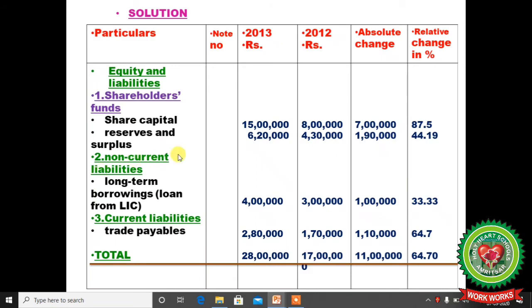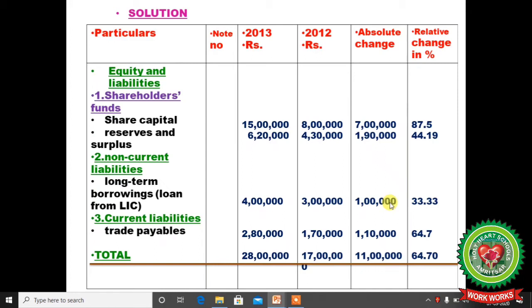Now reserves and surpluses: 2013 is 6 lakh 20,000 and previous is 4 lakh 30,000. The difference between both is 1 lakh 90,000. In the same way, calculate the relative change in percentage: 1 lakh 90,000 multiplied by 100 divided by 4 lakh 30,000 gives 44.19%. For non-current liabilities like long-term borrowings, loan from the LIC, here 4 lakh and 3 lakh.